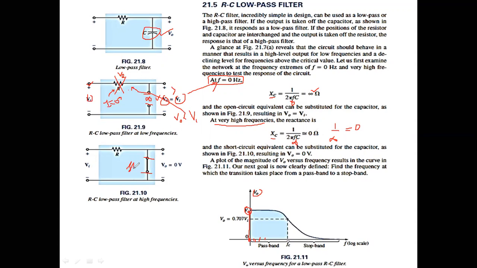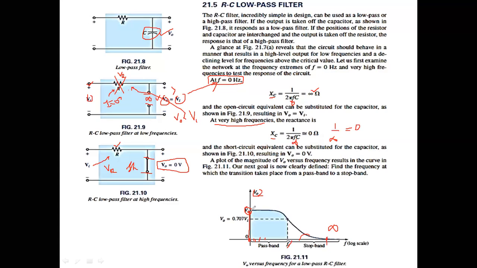All of the drop will appear over the resistor. Vi will totally drop in Vr, and there will be no drop across the capacitor, so V naught will be equal to 0. So for f equal to infinity, the Vout is equal to 0.